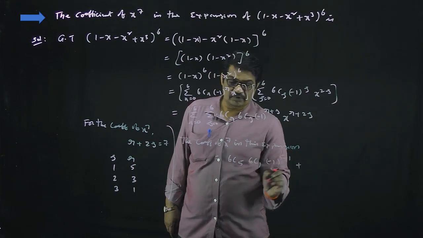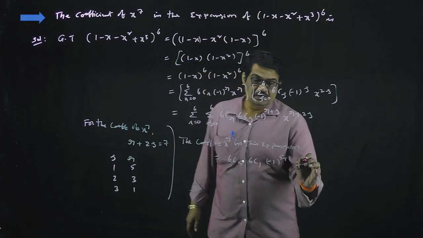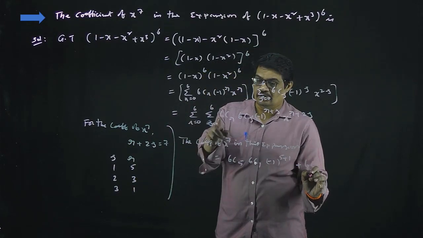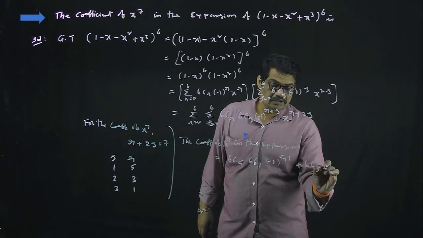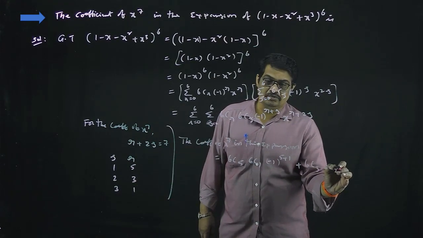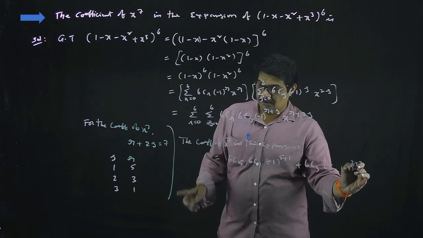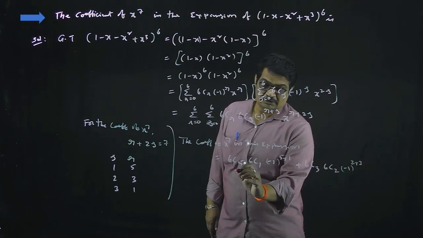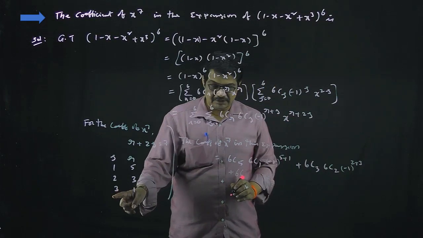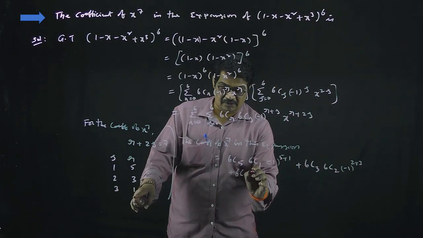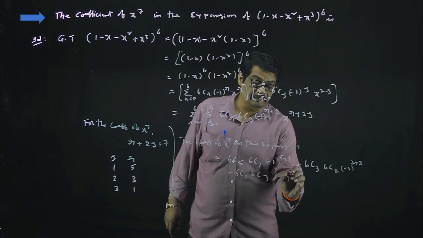Next, we take s = 2 and r = 3: 6C3 and 6C2, (-1) power 2 plus 3. Next one is r = 1, 6C1 and 6C3, (-1) power 3 plus 1.